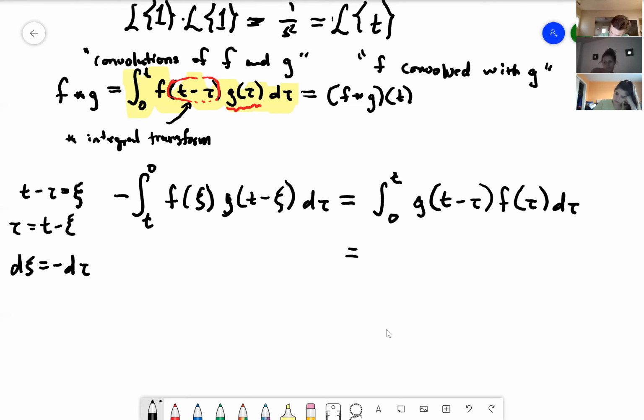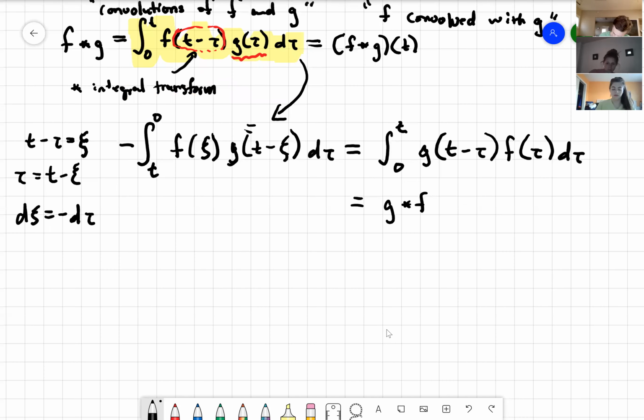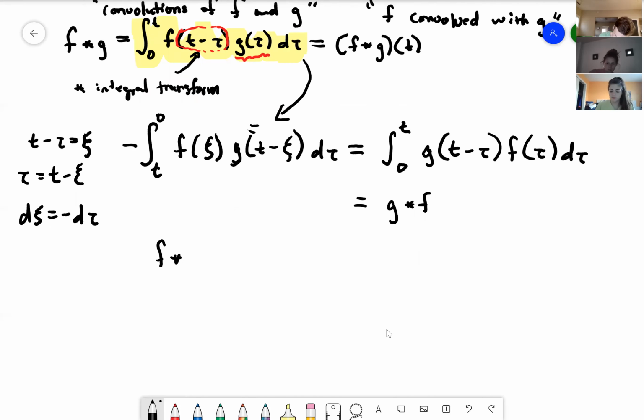This is just g star f. So this equality goes down here. So what we ultimately get is that f star g is equal to g star f.